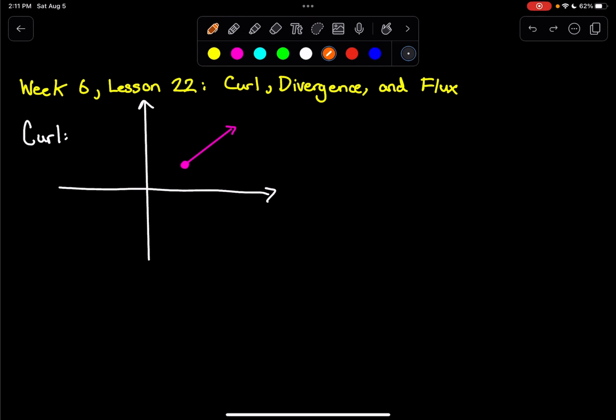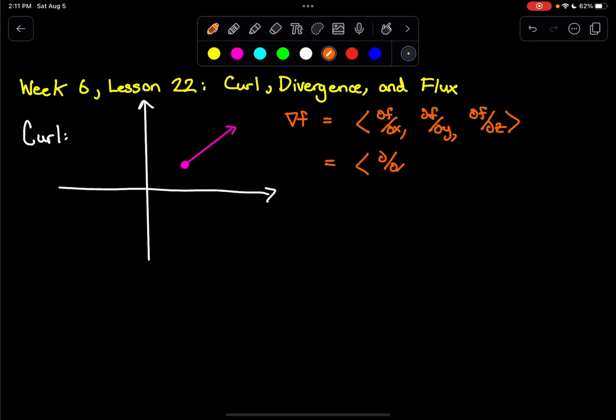And the gradient of some function was basically the act of taking the partial derivatives of that function with respect to x, with respect to y, and with respect to z.